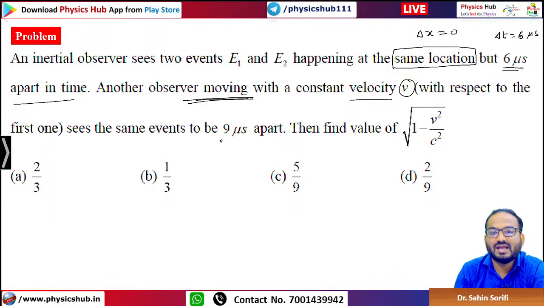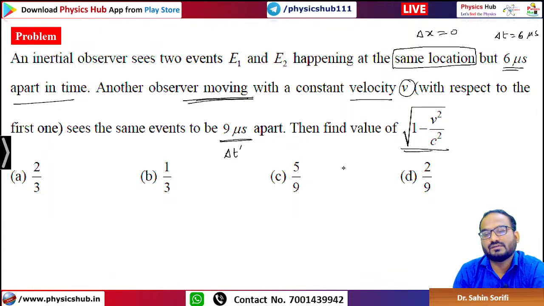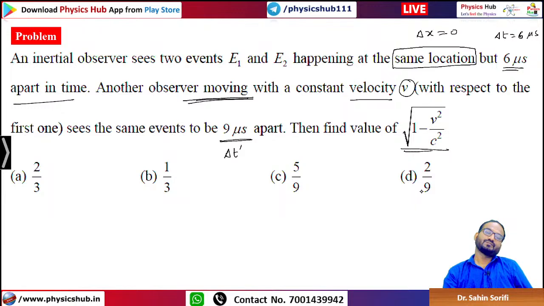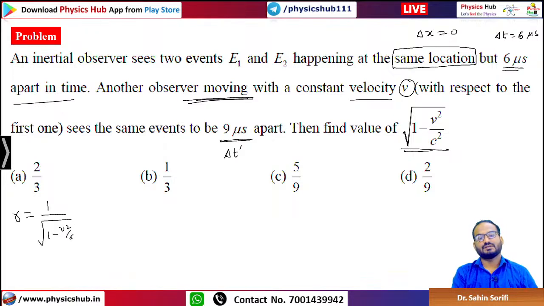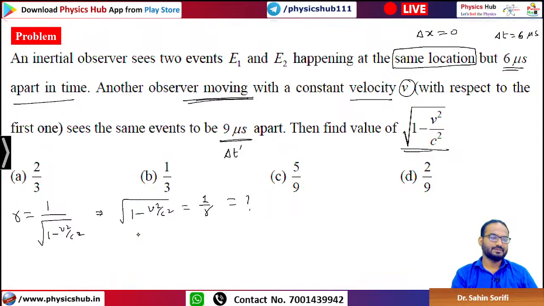The same events are found to be 9 microseconds apart. So it is delta t prime. Then what is the value of this? It is actually 1 by gamma, root over 1 minus v square by c square, right? Gamma is equal to 1 by root over 1 minus v square by c square. So you have to find root over 1 minus v square by c square, that is 1 by gamma. This one you need to find. Do it quickly.